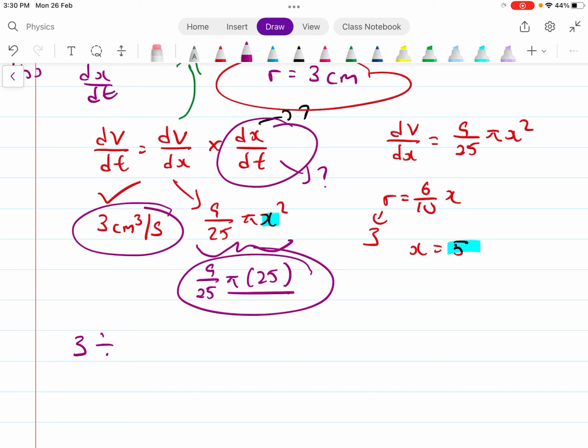The 25 and 25 cancel out, so that gives 9 pi. So 3 divided by 9 pi. Your dx/dt, which is not a very nice number, is equal to 0.106 centimeters per second. So that is how you do this question.